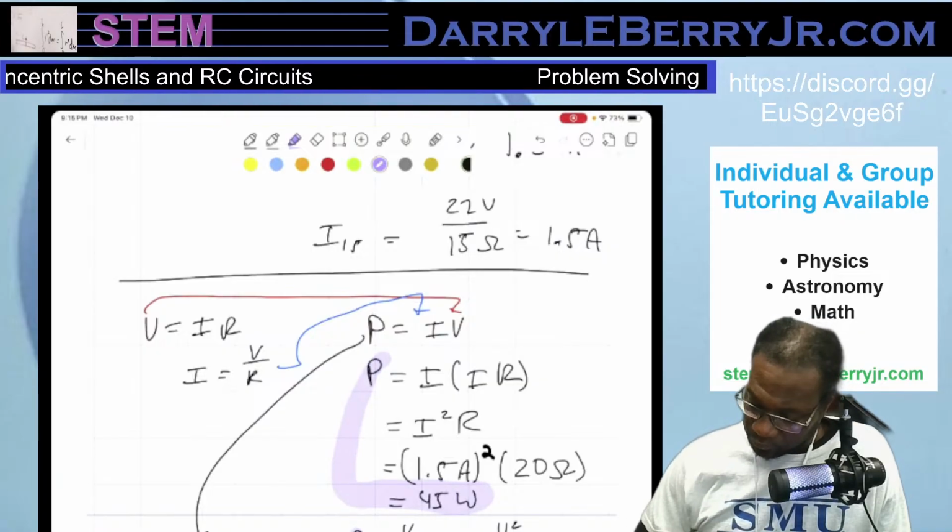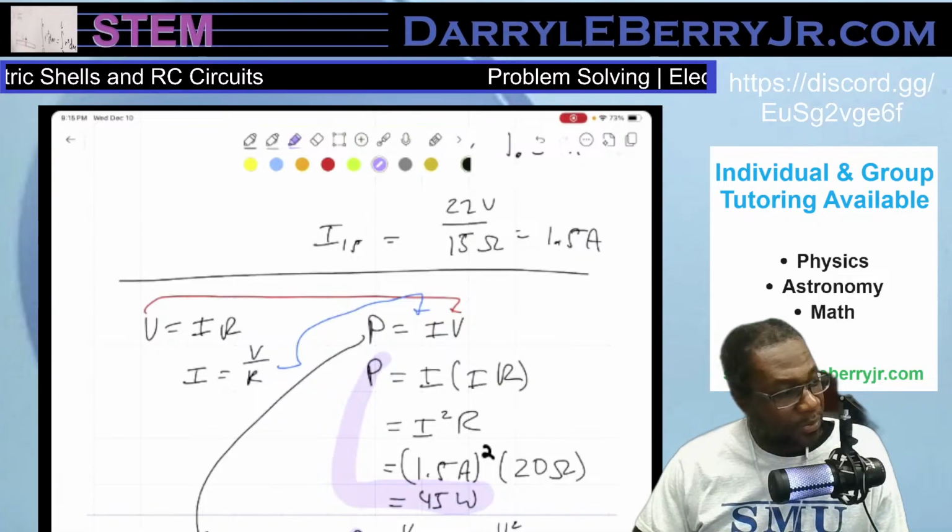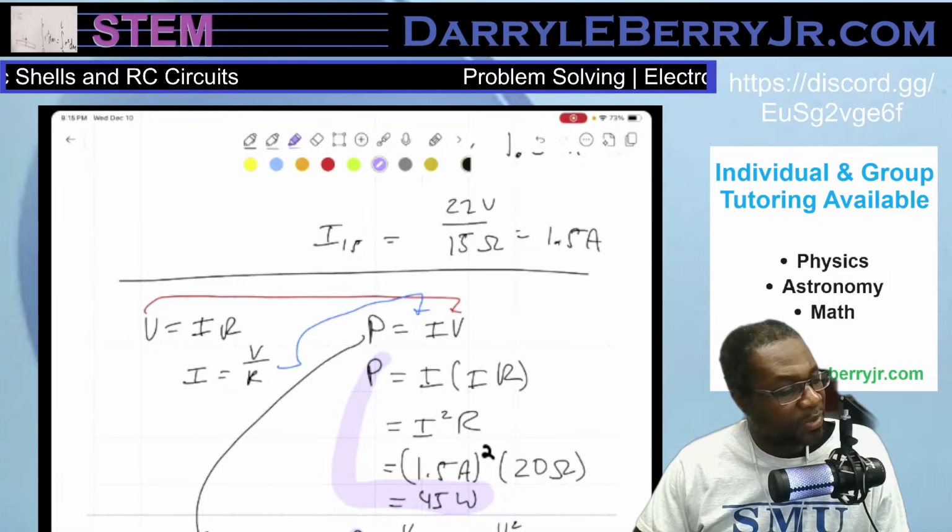All right. So let's see what's happening with this last one then. So the P equals IV. That should give me the same one as well. So what am I doing incorrectly on that one?